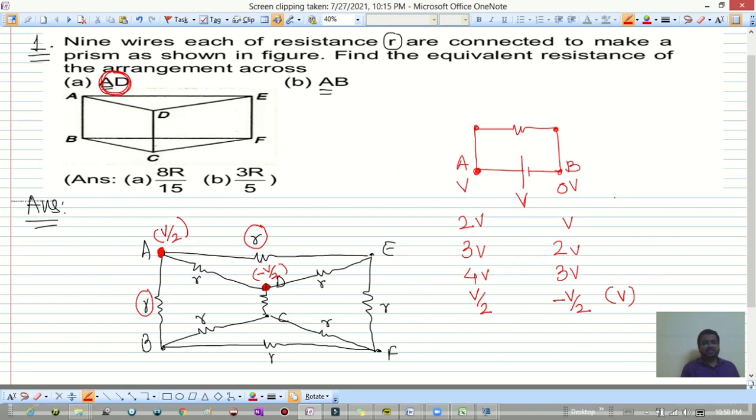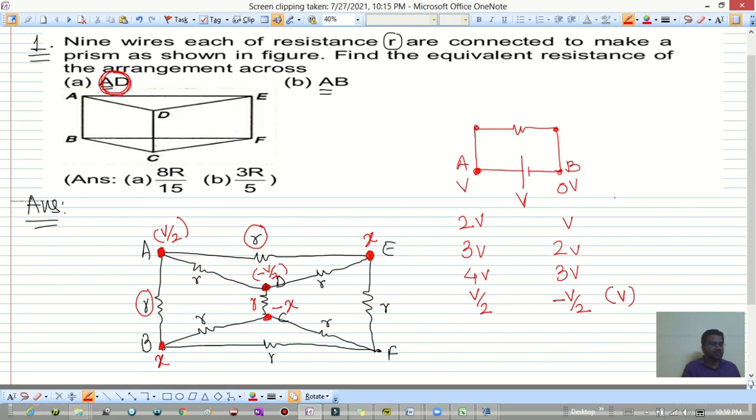If in this resistance R it drops a potential of X, then here we have X only. So V by 2 drops a potential and it becomes X over here. Then the same potential drops over here and it must be X. Likewise, for minus V by 2, if you consider this R, if V by 2 drops by X, then minus V by 2 will drop by minus X.